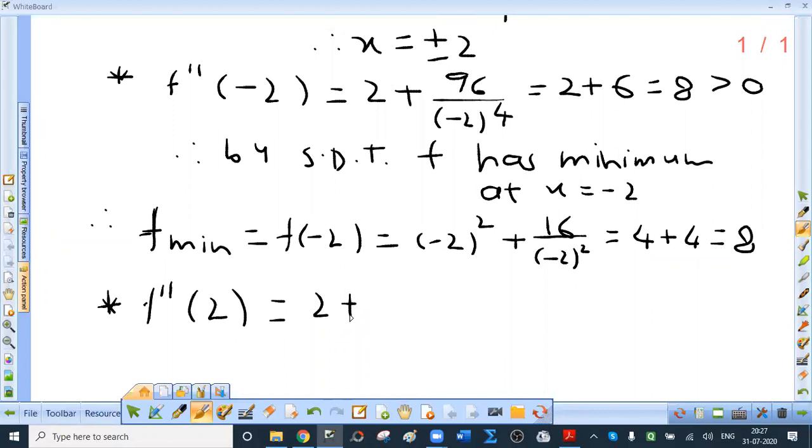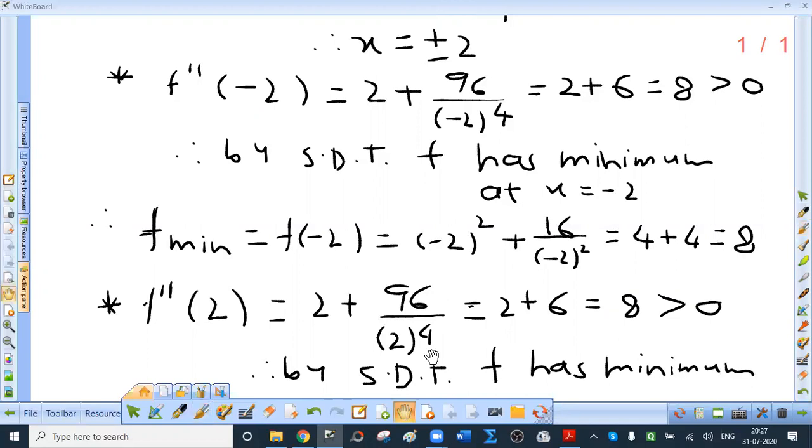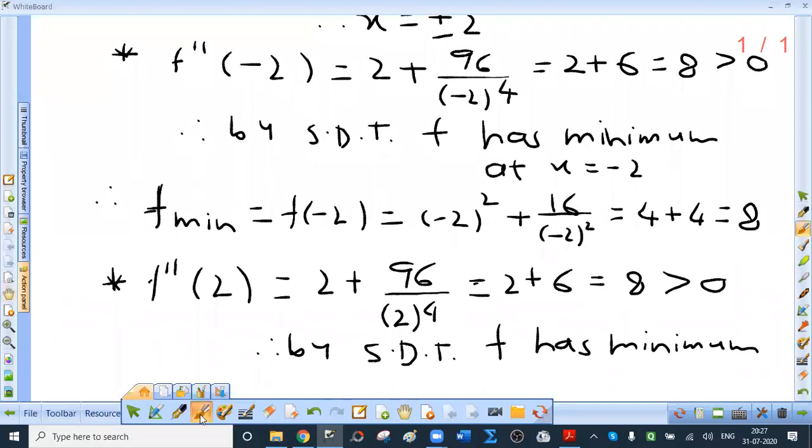What is f double dash of 2? It is 2 plus 96 upon 2 raised to 4. Same. So 2 plus 6, that is 8, greater than 0. Therefore, by second derivative test, function has minimum at what?